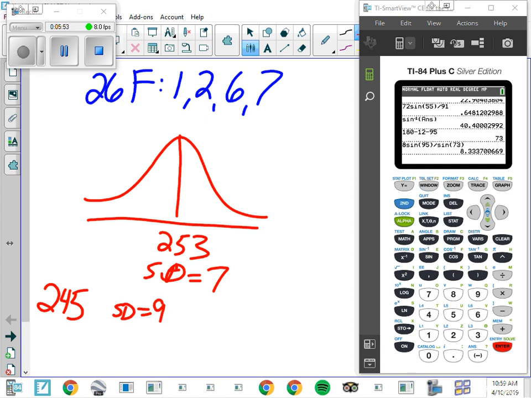Has bias been introduced, or is this chance variation? What do we need to do? Well, we have to do a t-test. Why a t-test? We only have 10 draws, so we have to use a t-test.